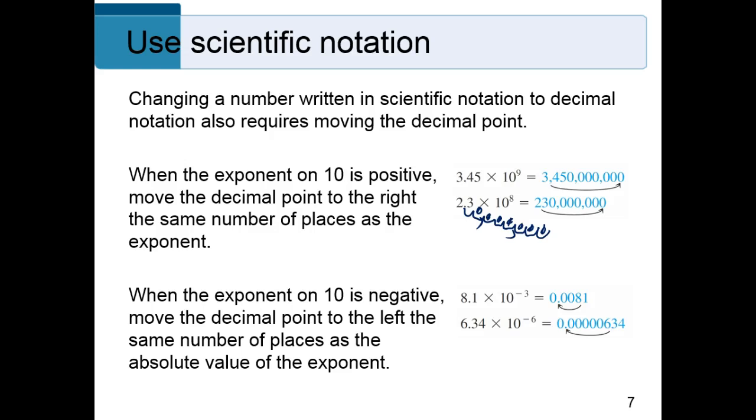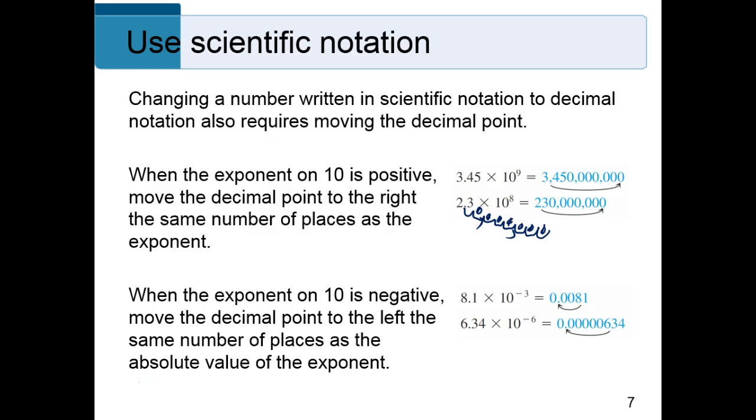Now, when the exponent is a negative exponent, what kind of number is that going to be? Very small number. Your decimal number, and you're moving the decimals that way. So what would that be? 0.0081. Excellent. Here's a little clue there. Since this is the first one, you got 2 more.